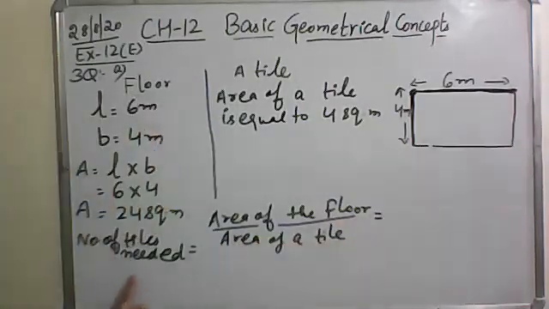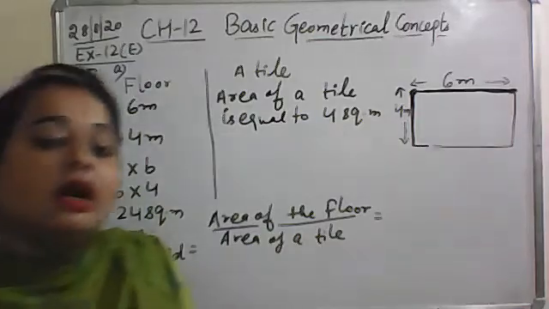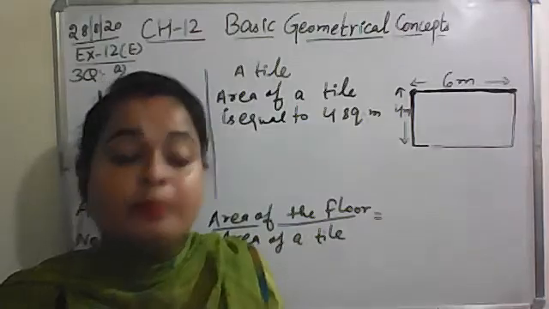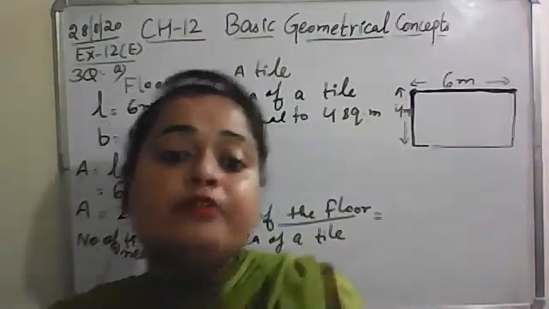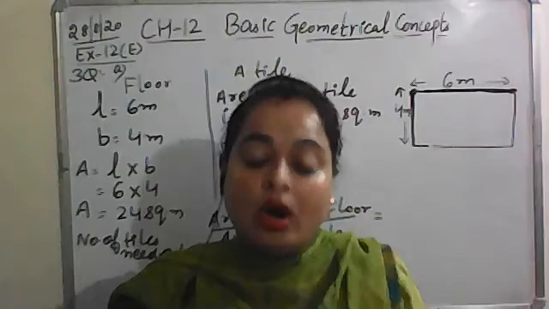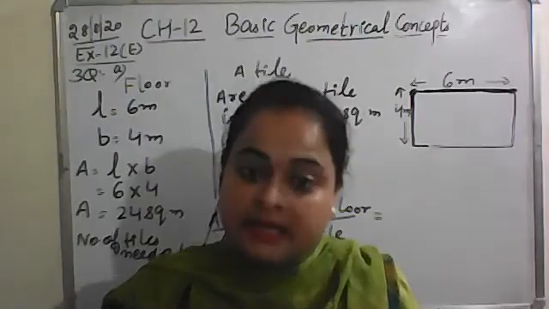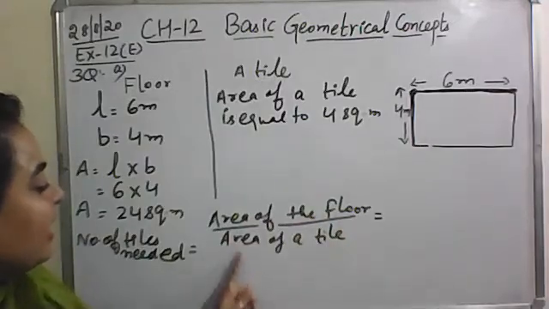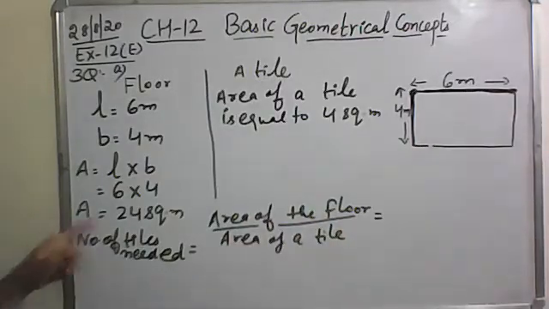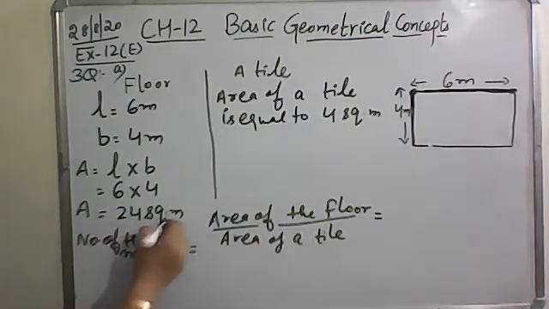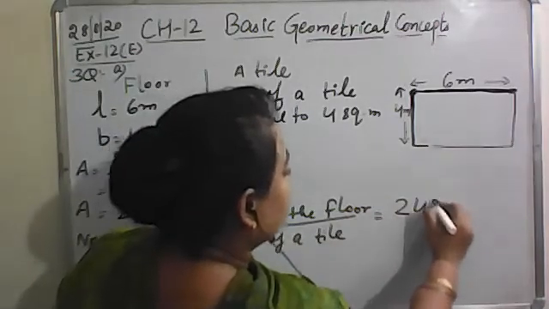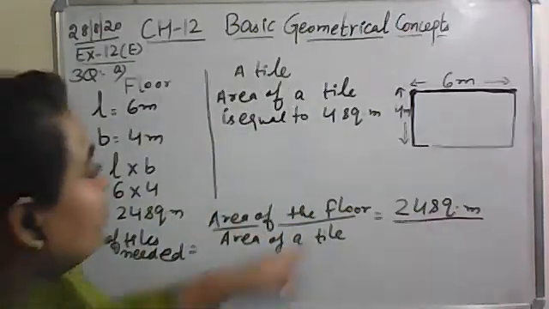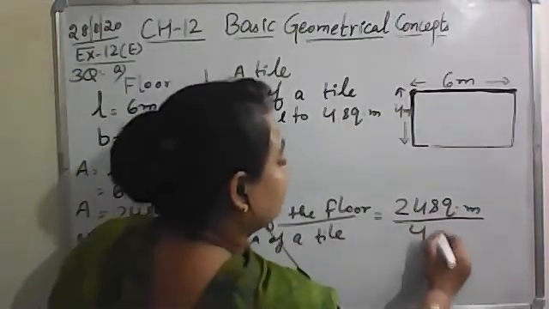Because on the floor we will apply tiles. The area of the floor is 24 square meter, upon the area of a tile, which is given as 4 square meter.